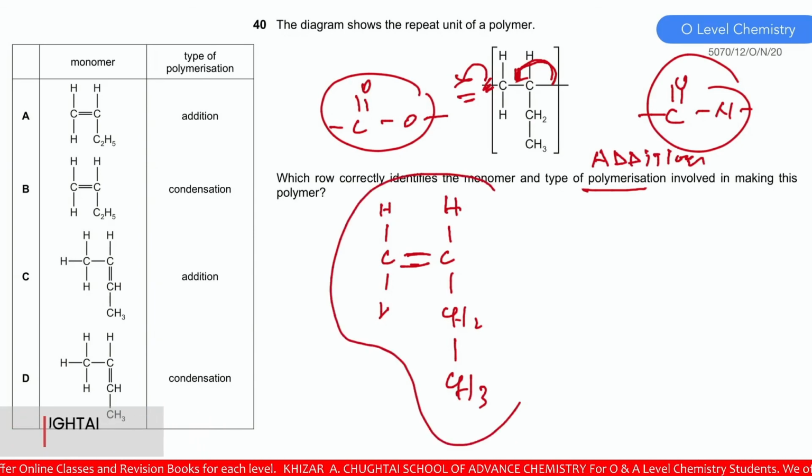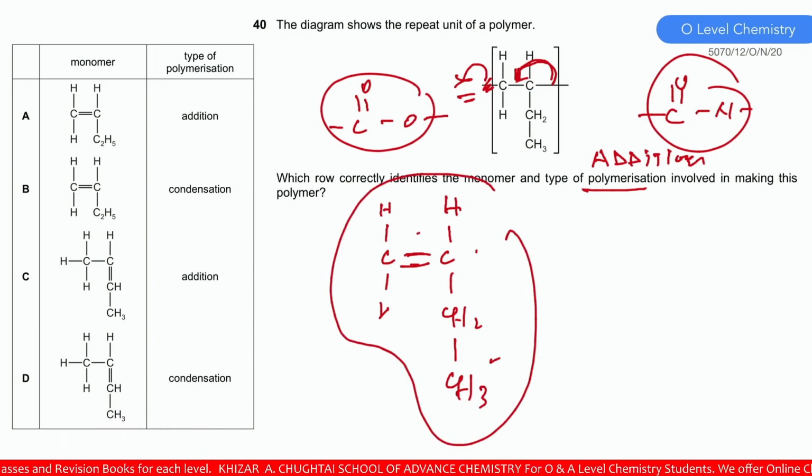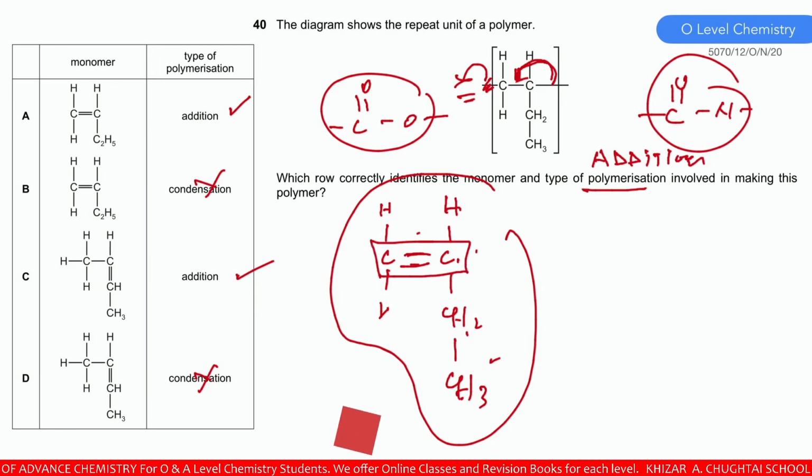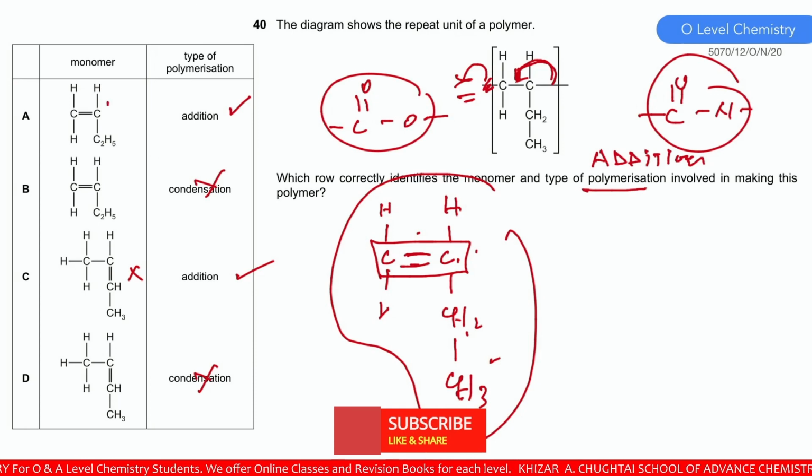So this is 1, 2, 3, 4. That is butene, 1-butene. The type of polymerization is addition polymerization, and its structure has 4 carbons. The first 2 carbons have a double bond. So A, yes, A is the correct option.